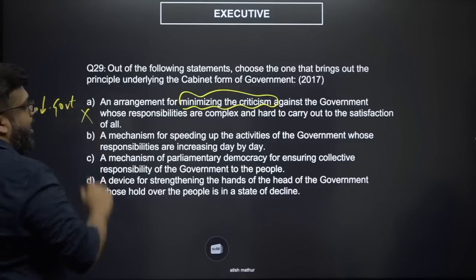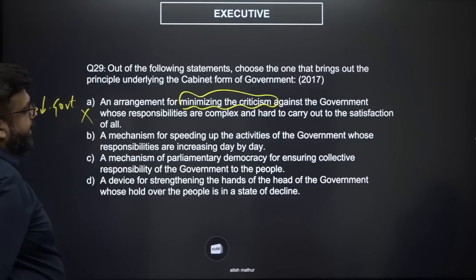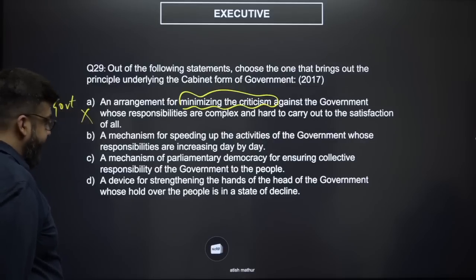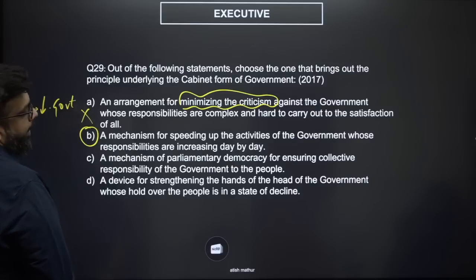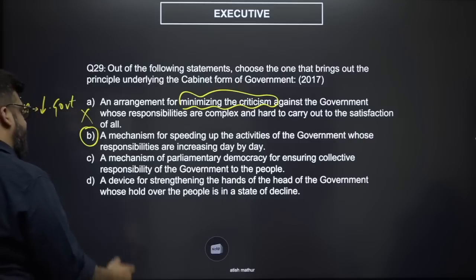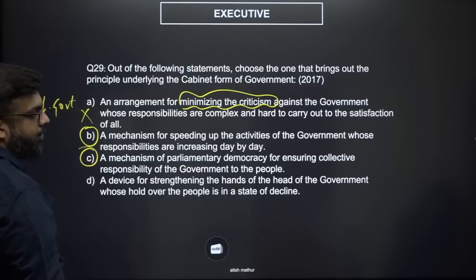Nope. A mechanism for speeding up the activities of the government whose responsibilities are increasing day by day. All right, possible. A mechanism of parliamentary democracy for ensuring collective responsibility of the government to the people. Definitely sounds like a good idea.